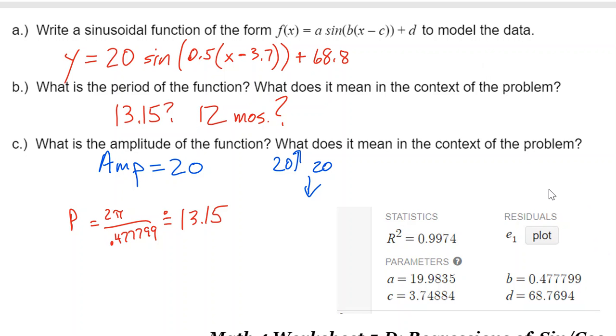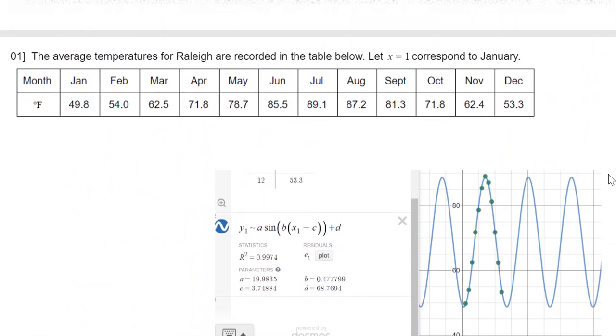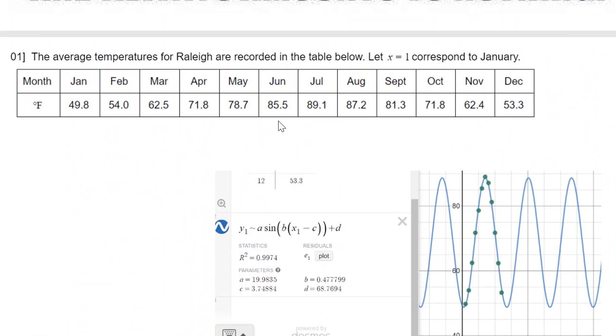Now I want you to look at the temperatures on the data chart. Let's see now, our biggest one is 89.1 and our smallest one is 49.8. That's about 50 and that's about 90. They're 40 apart. So it makes sense that from tip top to absolute bottom, the difference is 40, because when you've got your line going through the middle here, that's 20 above and 20 below.